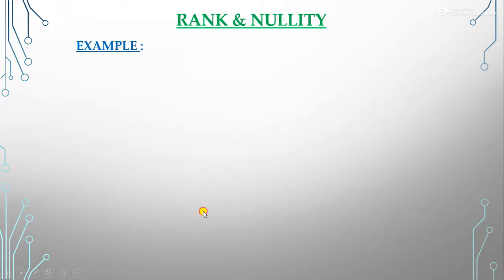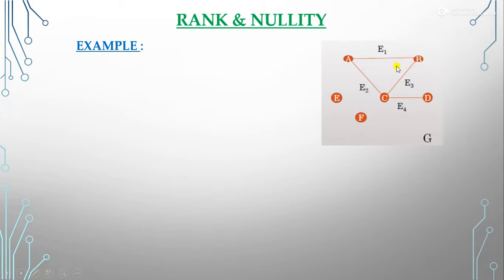So now let's take an example here. If we have this disconnected graph G, it is disconnected because these vertices are not joined with any edges to those vertices. Now in this graph G, what is the rank? I told you that rank is n minus k.